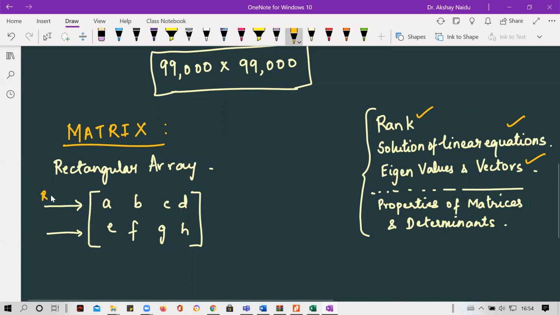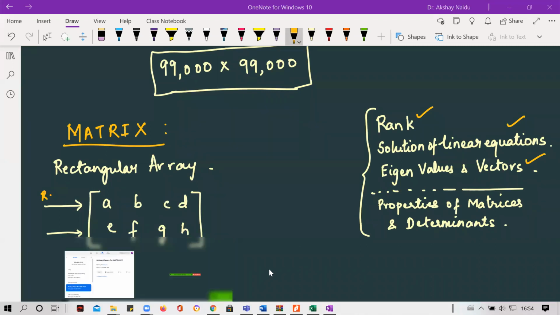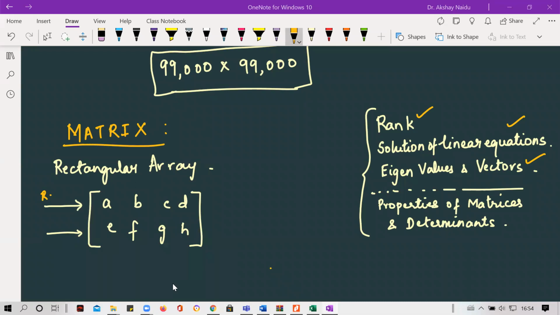I want students to discuss now, because these are topics that you've already learned. It is not difficult for you. Anybody want to share? What are these horizontal lines in a matrix called? Rows. All right.